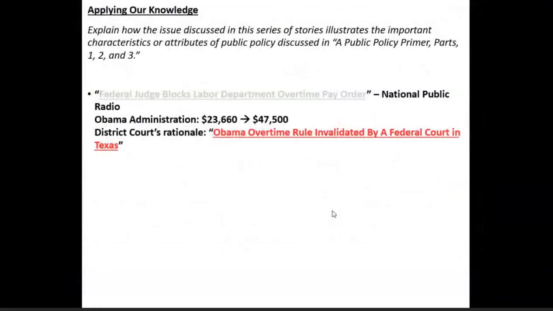Okay, so what gave rise to this story was that the Obama administration, in the final months of 2016, passed a rule, the Labor Department passed a rule that raised the level of pay for businesses to classify someone as exempt. You know what I mean by exempt or non-exempt?